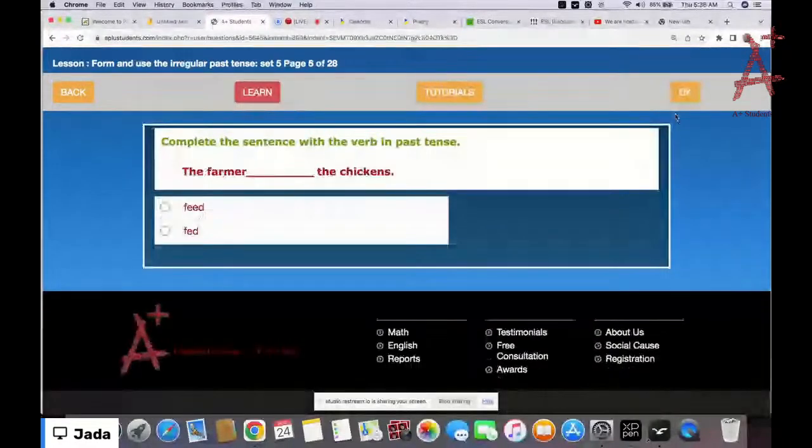So we have spoke. And then the farmer dashed the chickens. Is it fed or feed? So do you have fed or do you have feed? Is it fed? Fed. Okay, good job, everybody.